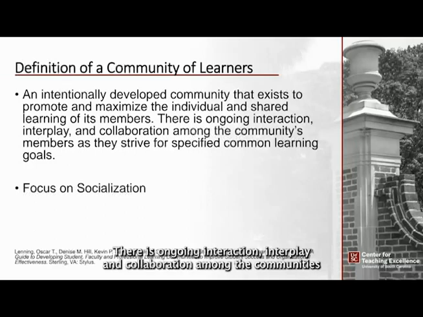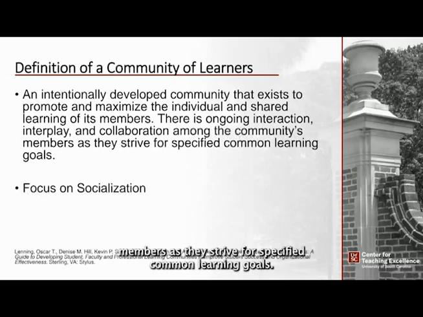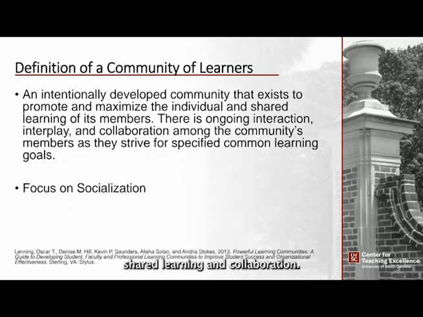There is ongoing interaction, interplay, and collaboration among the community's members as they strive for specified common learning goals. I really like this definition because it includes interaction, shared learning, and collaboration. And one of the common threads that ties all these terms together is that focus on socialization.